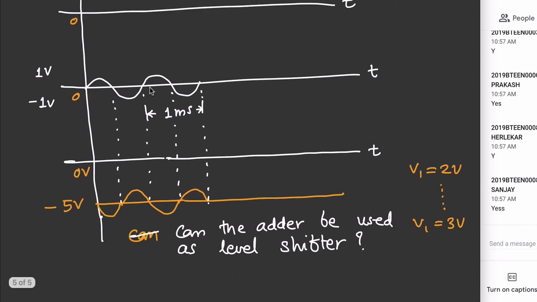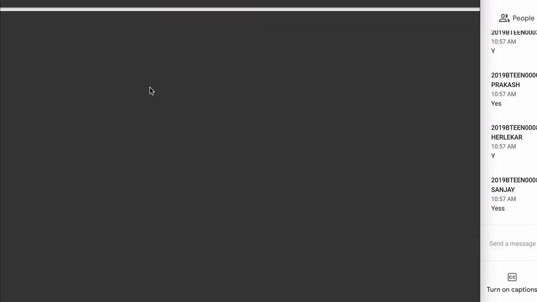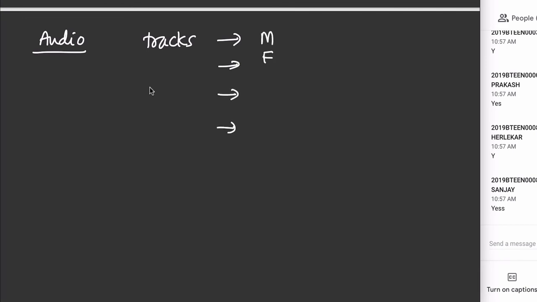In case of audio signal or songs that we listen to, there are many tracks. Male track, female track, then tabla track and other instruments.